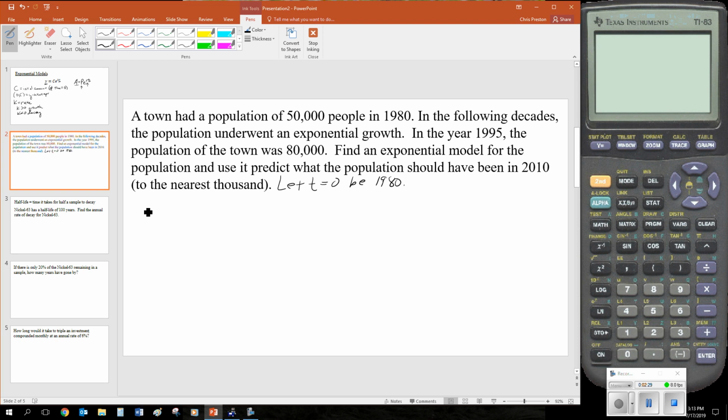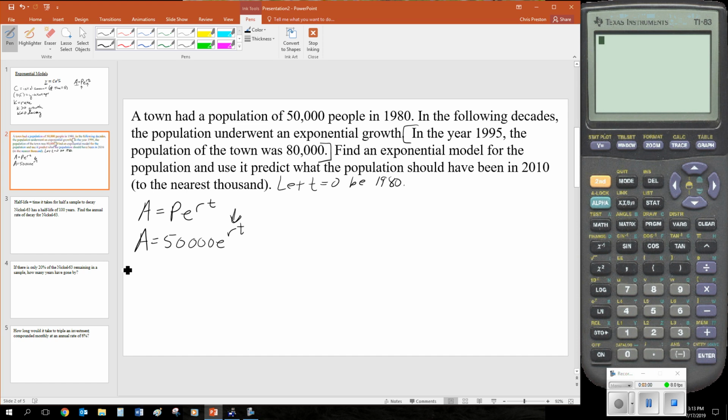All right, so I'm looking at the model, and I'm just going to use the PERT formula here. I know my initial population, the one I'm saying is time 0, that's 1980, was 50,000. To figure out this model, what I need is my rate. That's why typically they'll give you this other point in time and say that at this other point in time, you had a certain amount.